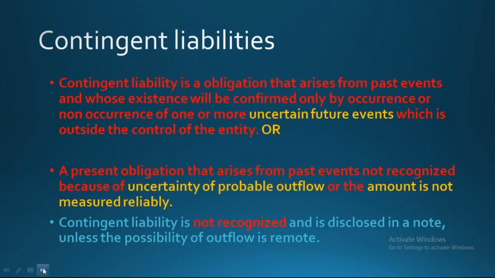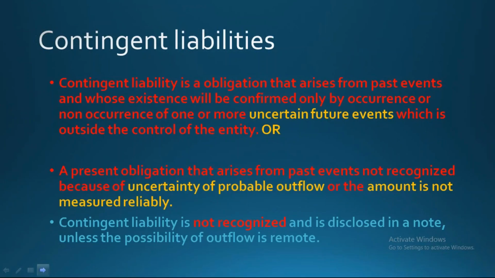Or it's a present obligation. So the first part is a possible obligation. So far there is no obligation, but there is a possibility of an obligation happening. The second one is a present obligation that arises from past events but is not recognized because of uncertainty of probable outflow, or the amount is not measured reliably.